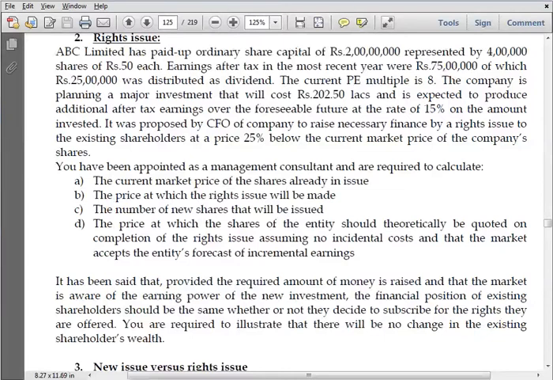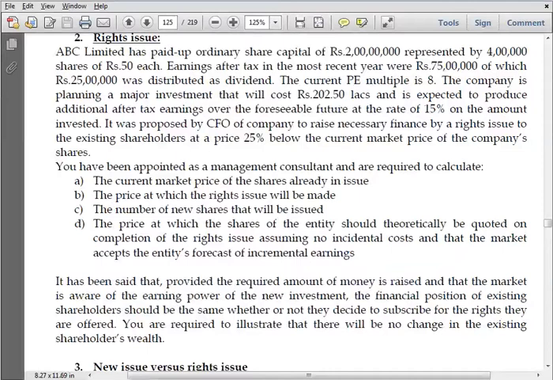Can I proceed? Next, NPV per share. NPV per share is equal to whatever NPV divided by 75 lakhs. Two decimal answer. Sorry, not 75.